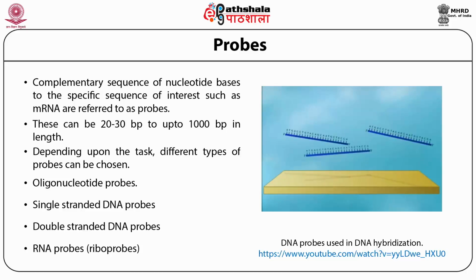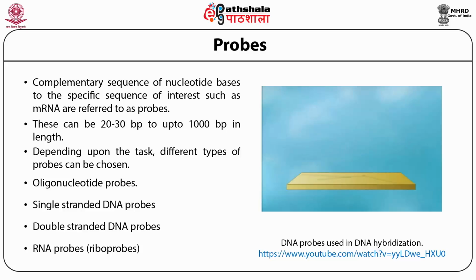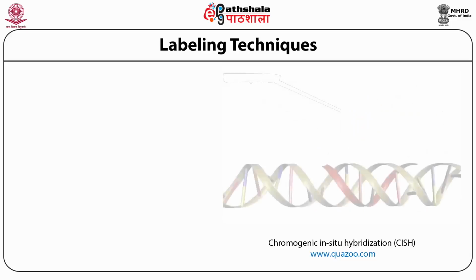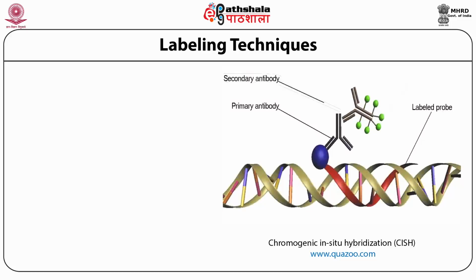The RNA template can be transcribed in 3' to 5' direction using RNA polymerase to make complementary RNA. Labeling techniques. To check where the target gene is being expressed in the cell or tissue section, a reporter molecule is attached to the probe before hybridization.